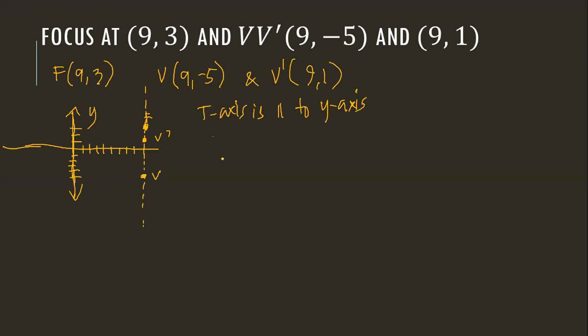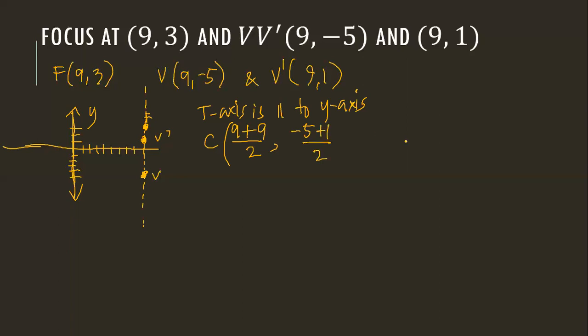The next information that we need is the center. How are we going to get the center? We all know that the center is the midpoint of our vertices. So para makuha natin ang center, we have 9 plus 9 divided by 2. That's the formula for midpoint. We have -5 plus 1 divided by 2.